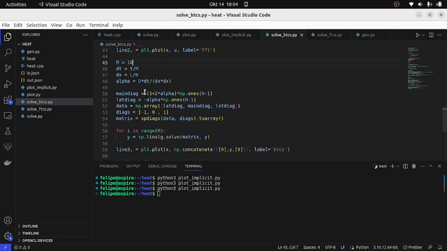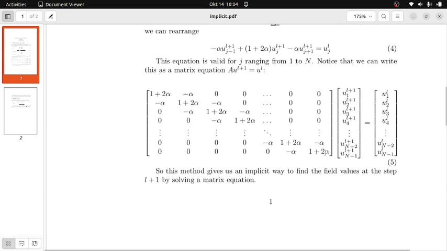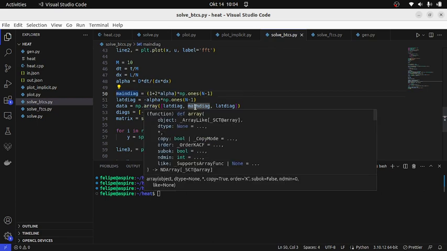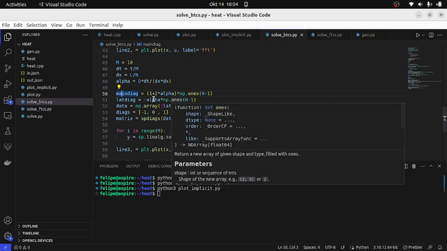or else it would be unstable, right? And then what I'm doing here, okay, I set up the main diagonal, which is 1 plus 2 alpha times an array of n minus 1 ones. So it is this main diagonal here, right? And the lateral diagonal, which is minus alpha times ones. Well, it actually has one less size than this, but this is a SciPy convention.